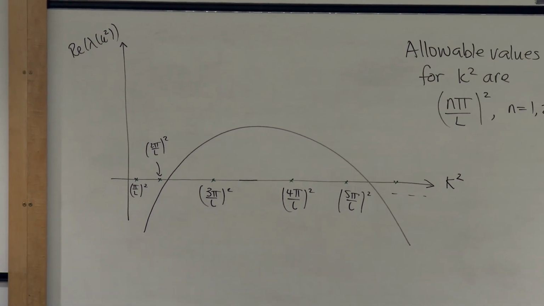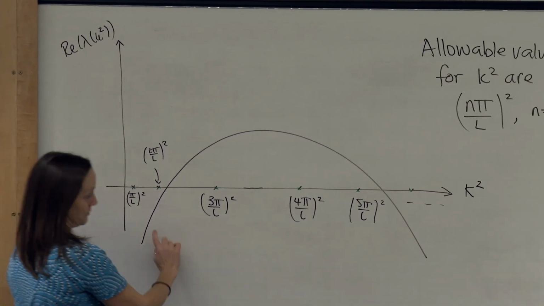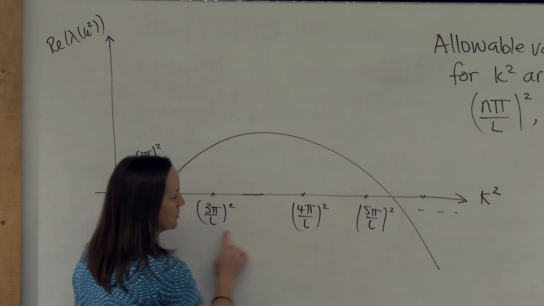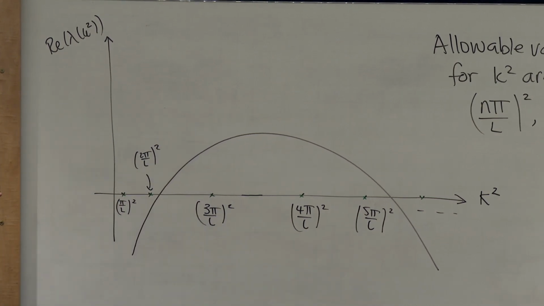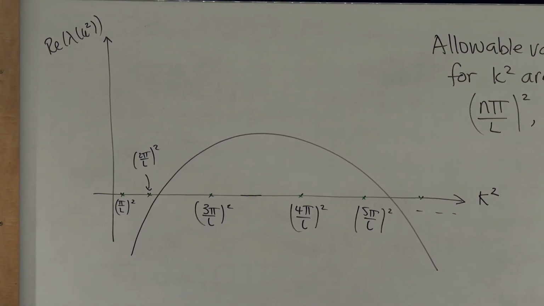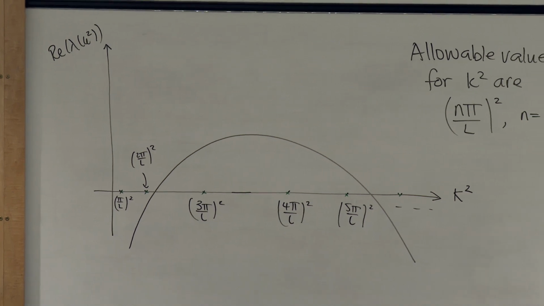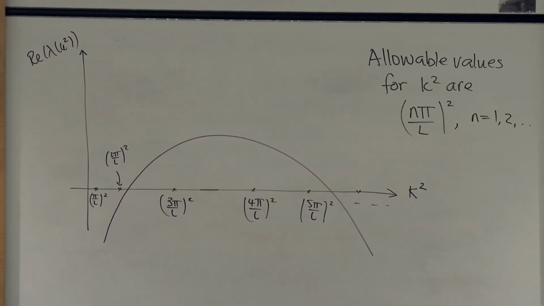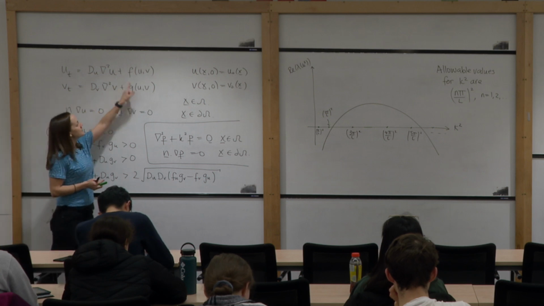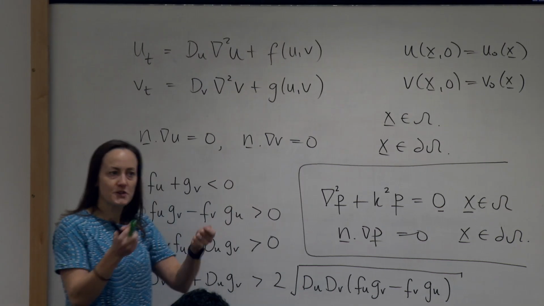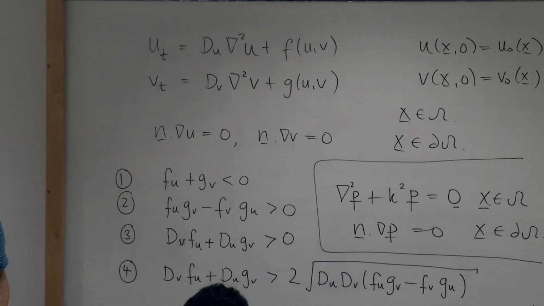So what does that mean? We expect these 3 modes will begin to grow in size, and they will seed the nonlinear pattern. What I mean is that my small perturbation, which I call W in the lecture notes, will grow, and at some point the nonlinear parts of these kinetics will start to kick in and play a role.